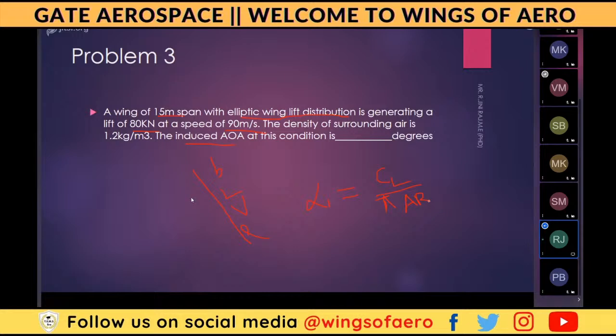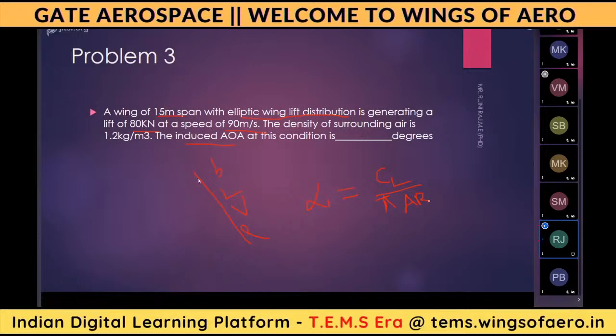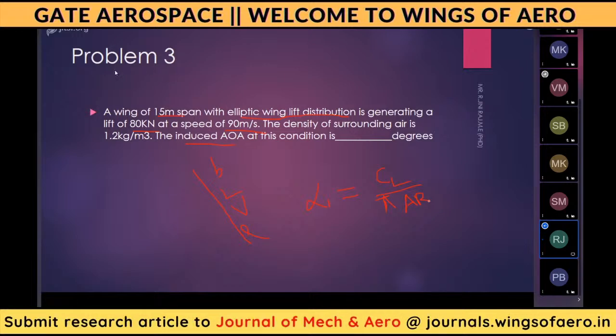Whether you can solve this, or whether I need to solve this problem. We know the L value, rho value, b value, and V infinity value. We need to substitute these values and find the answer.